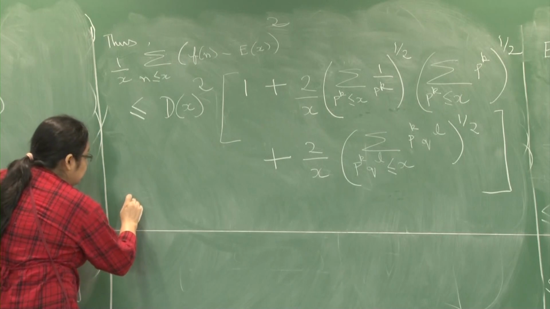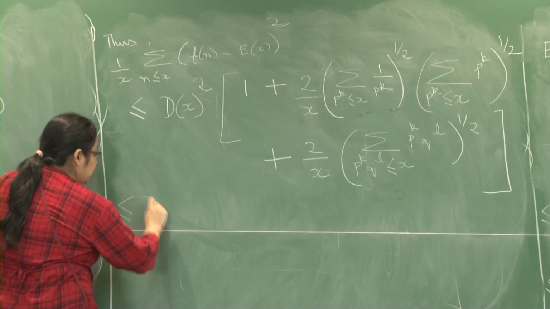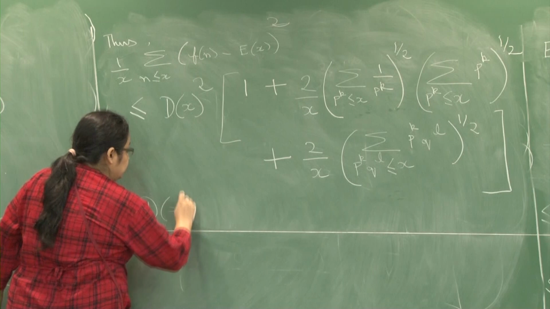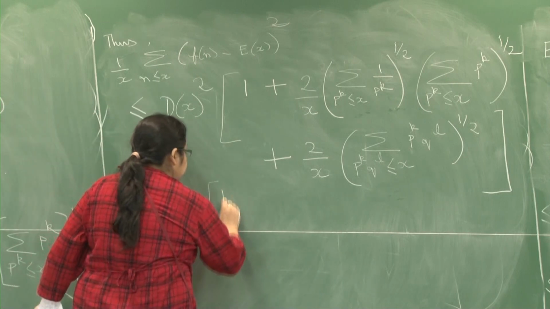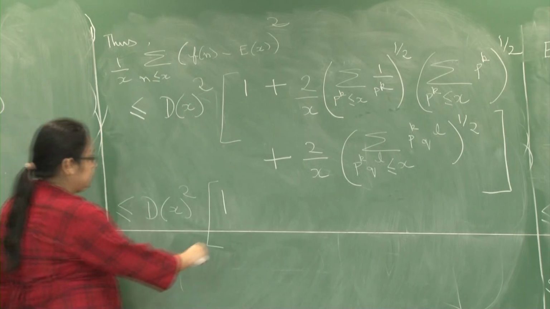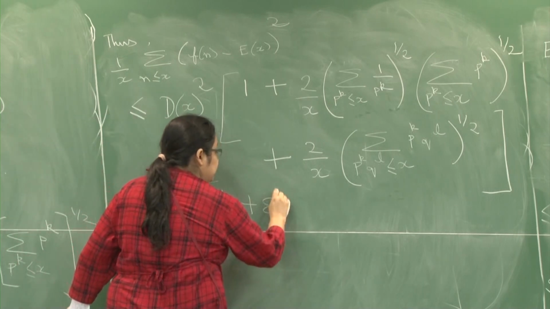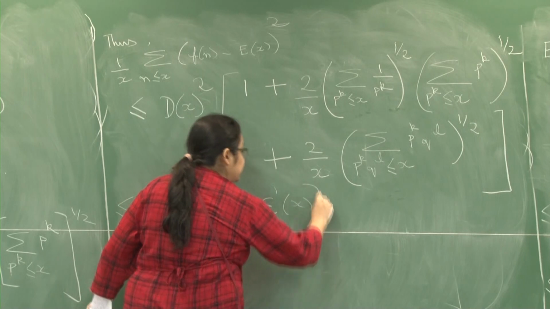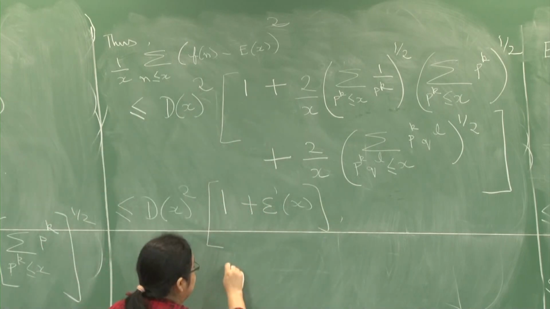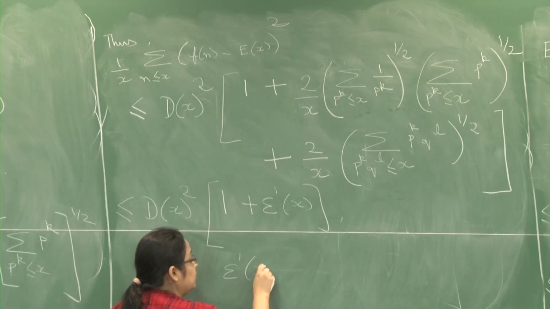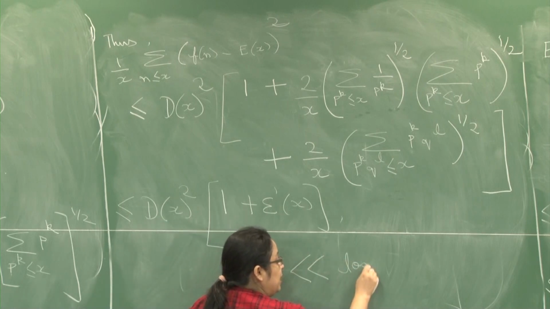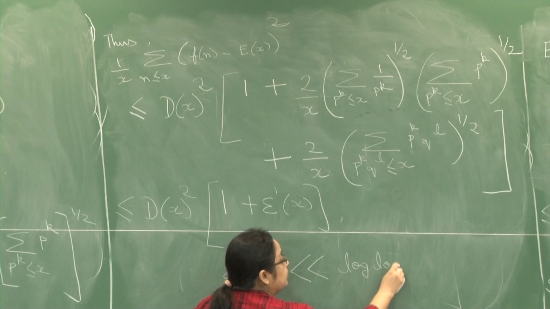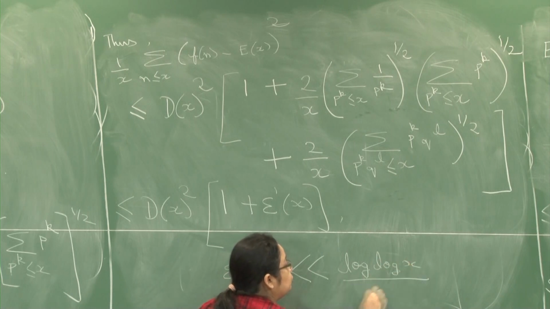So, this can be shown to be d of x whole square times 1 plus some function epsilon prime of x, which by the way you have a really nice bound for, log x over log x.